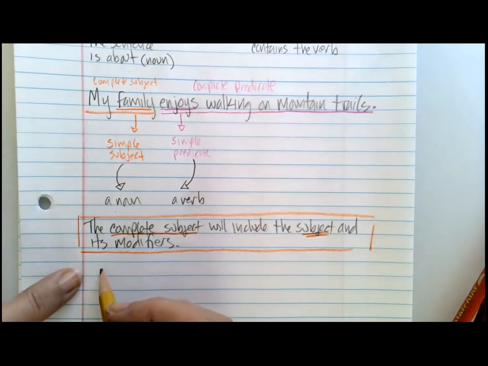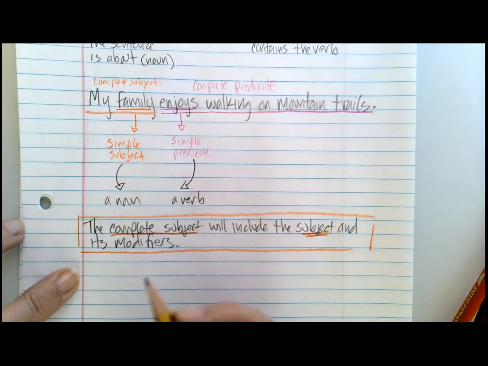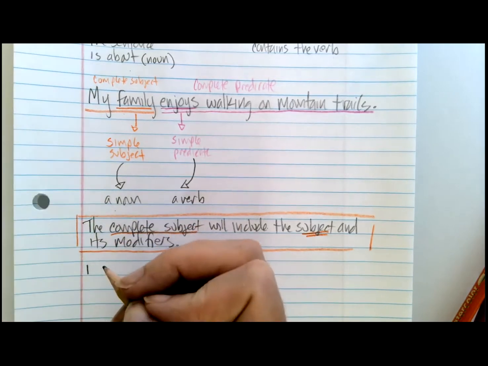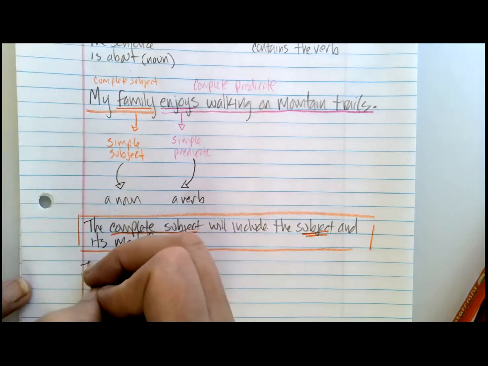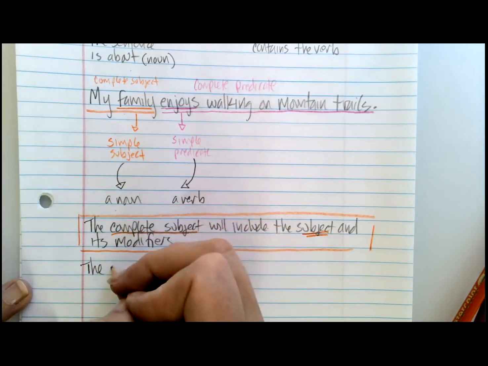Then we're going to go down a line and we're going to define briefly the complete predicate. So we're going to write, the complete predicate will include the predicate and its modifiers. So same sentence here, but we're talking about predicate.